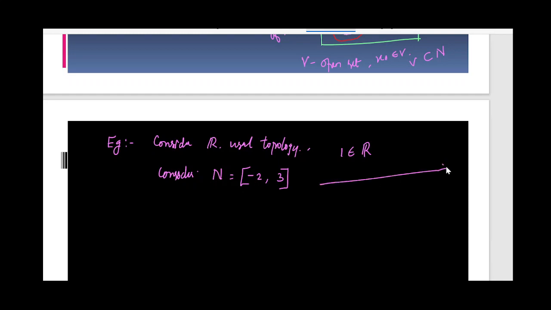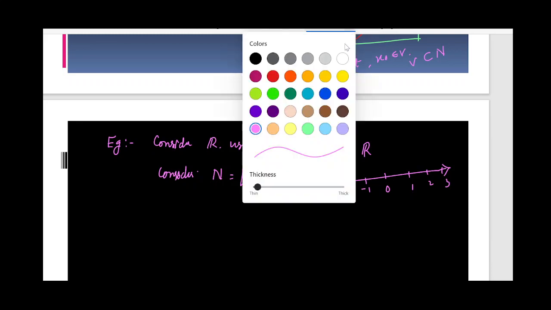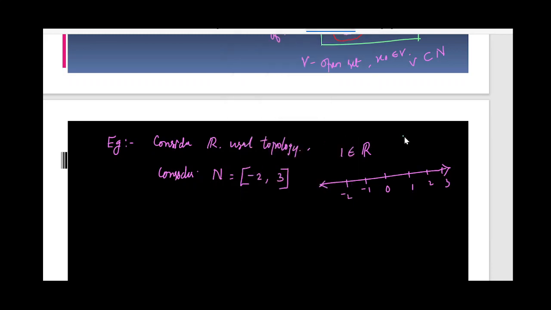On a real line, this is the point 0, this is the point 1, this is minus 1, there is minus 2, here is 2, this is 3. Now this is in the usual topology, so my open sets are going to be open intervals. So (-2, 3) only I should consider. Evidently it contains 1, right? No problem.